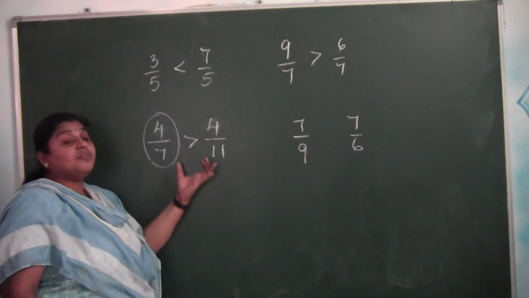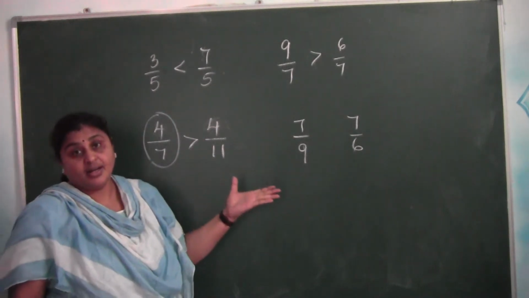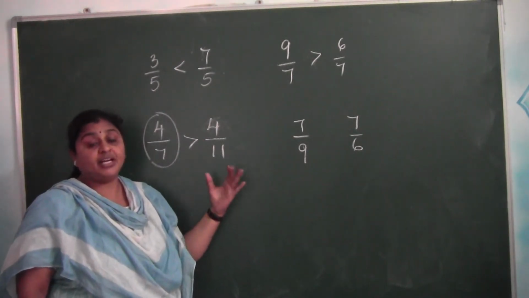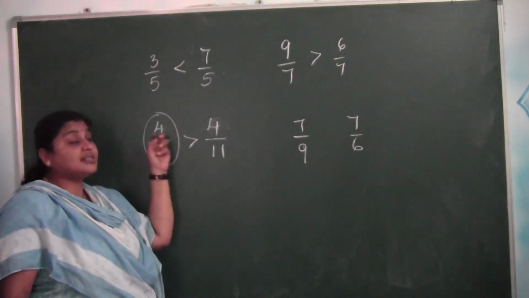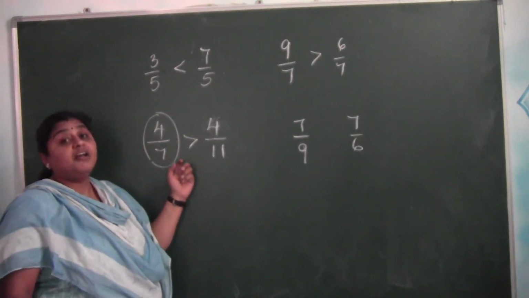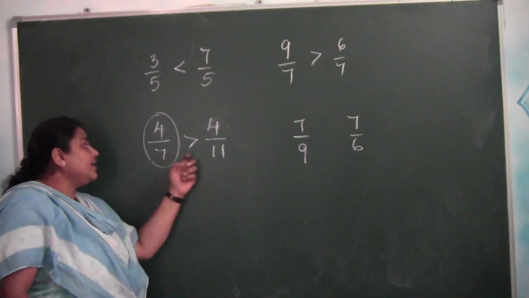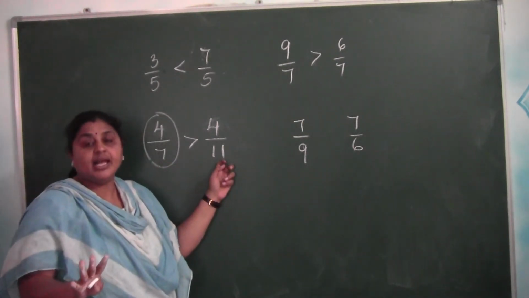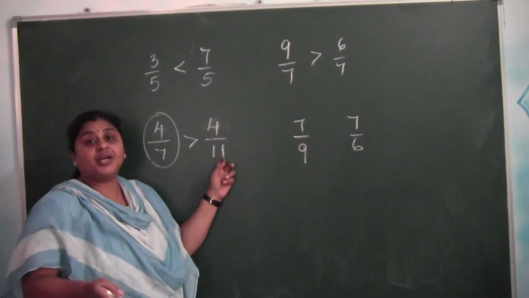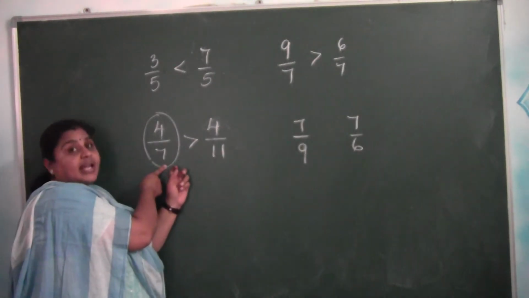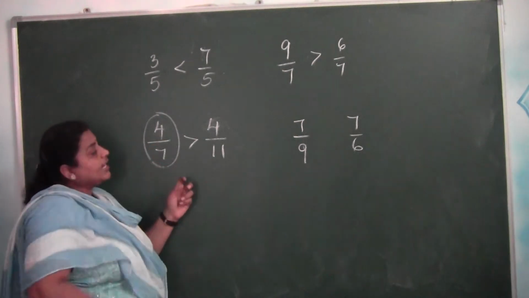This is the case when numerators are the same, children. Here our numerators are the same, and I am using this method. Now 7 is less than 11 generally, but in terms of fractions, the 7 is less but the fraction is greater.